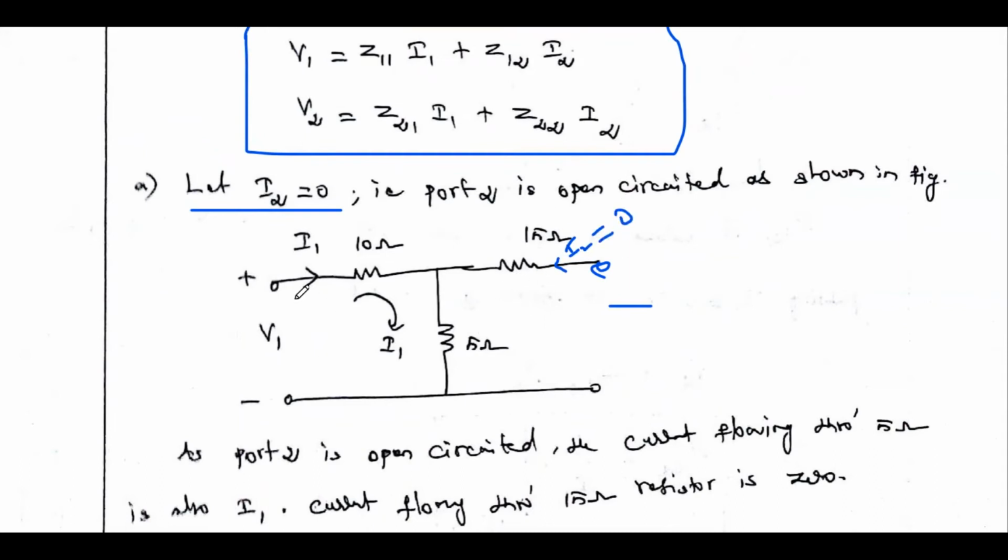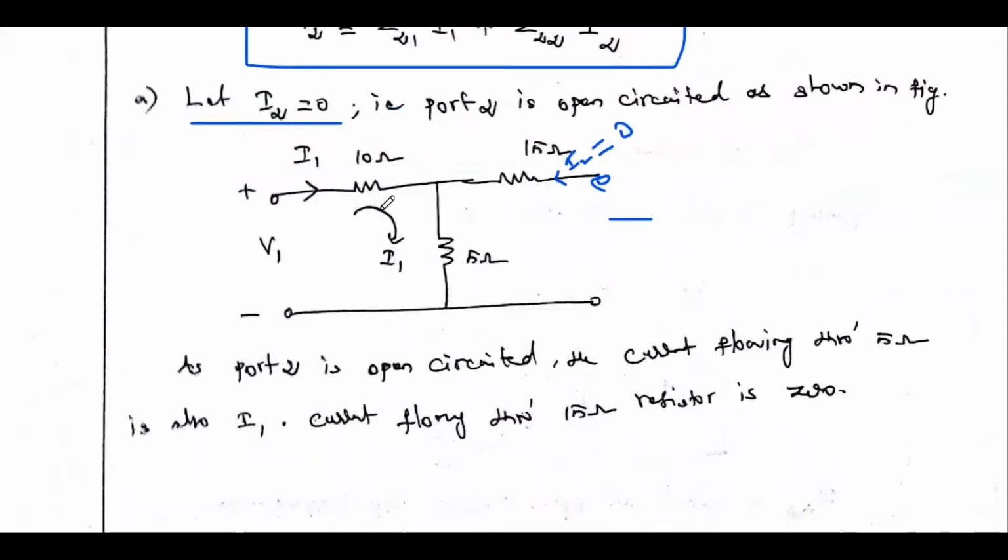Under that condition, there is only one closed path, on the input side. This is the input voltage V1, the current flowing through the 10 ohm resistor is I1, and the same I1 flows through the 5 ohm resistor also, since there is no current flowing in this branch. So there is only one loop, and for this loop we write the KVL equation.